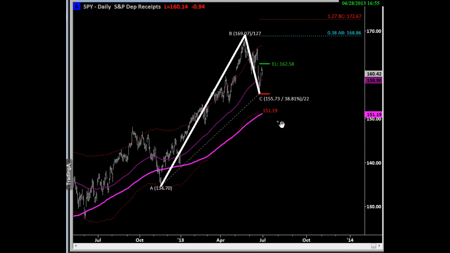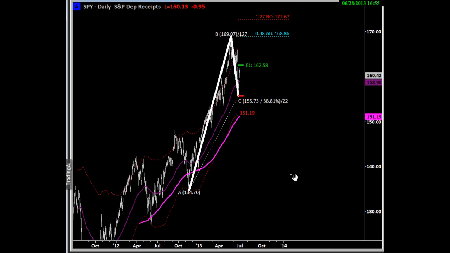Because of that, I completely avoided taking trades, and I've taken a few this week, but this is just a pullback in my view, and it came down to 38%. What I'm looking for right now is for it to trade above 162.58 and close above it. Then I think it will probably move higher. But I am not a big fan of third and fourth pullbacks.